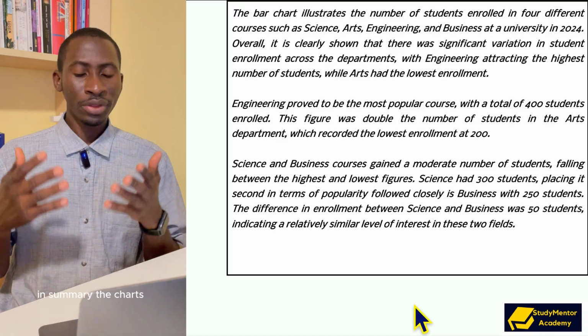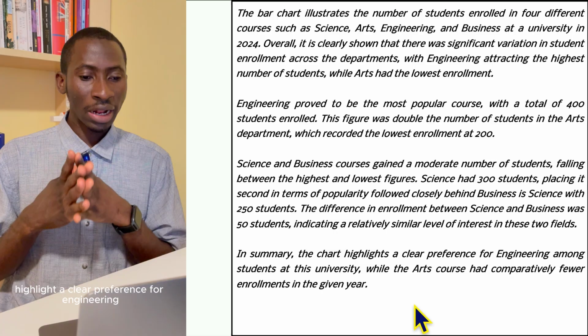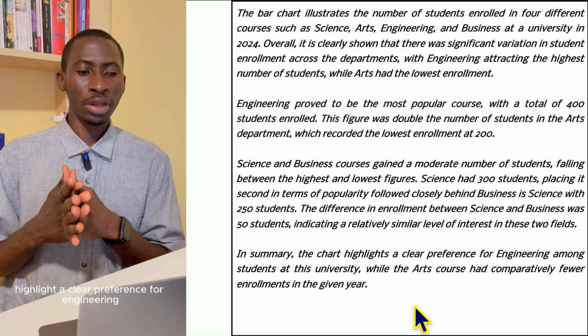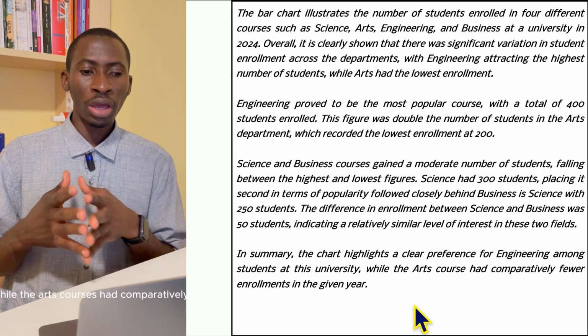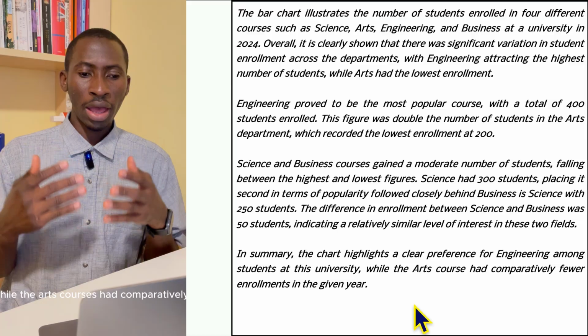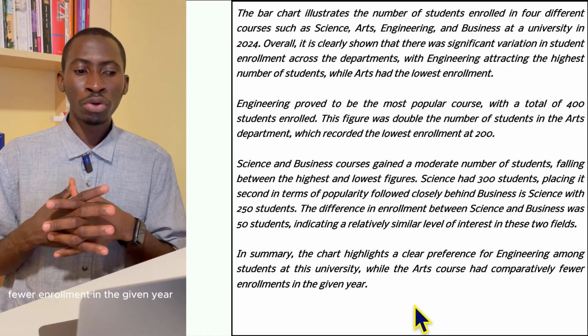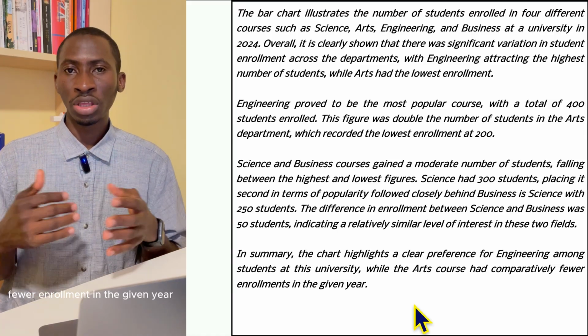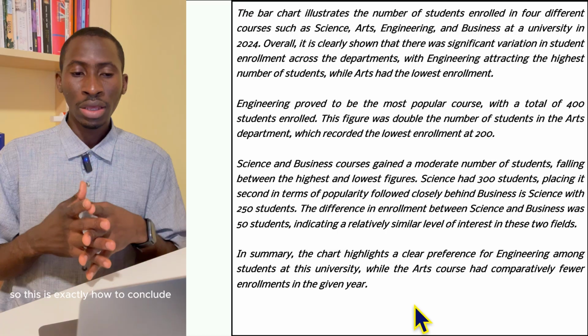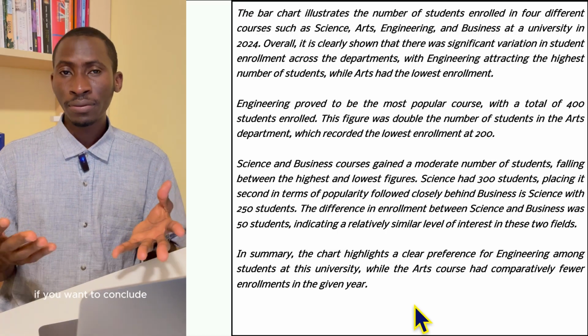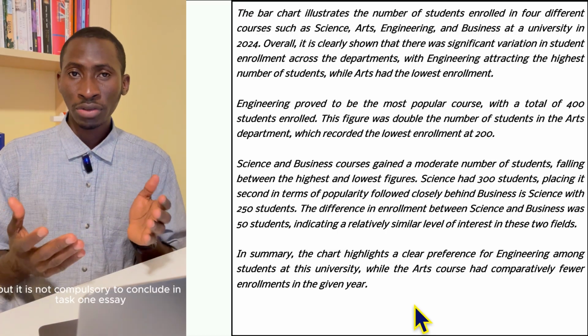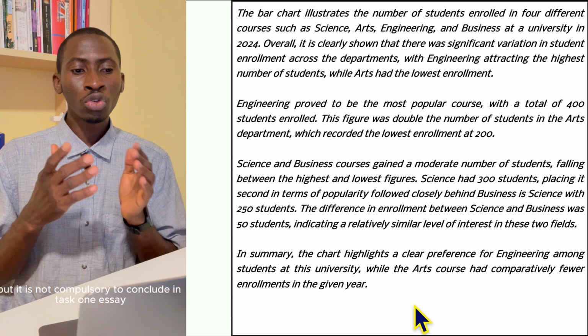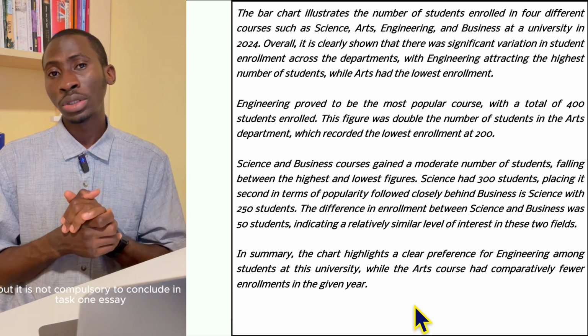In summary, the charts highlight a clear preference for engineering among students, while the arts courses had comparatively fewer enrollments in the given year. So this is exactly how to conclude if you want to conclude, but it is not compulsory to conclude in the task 1 essay.